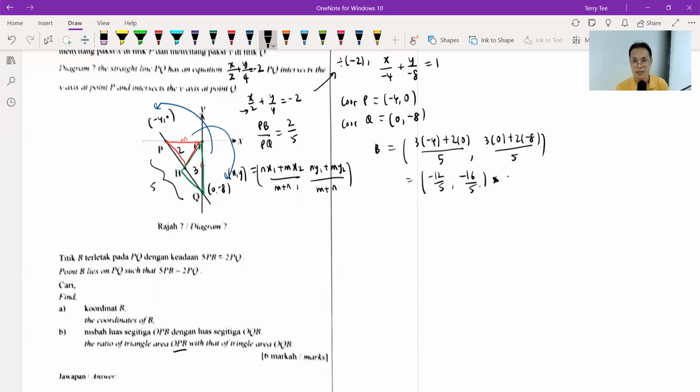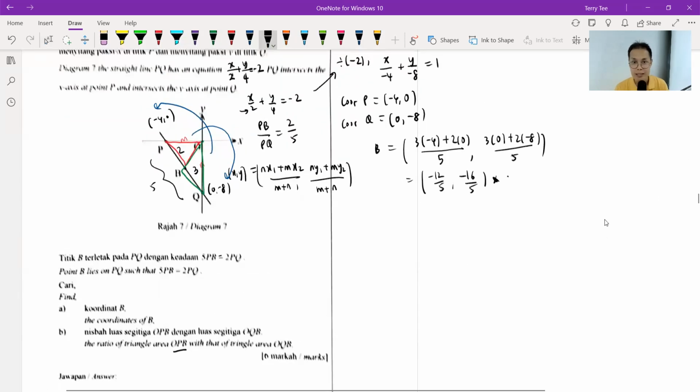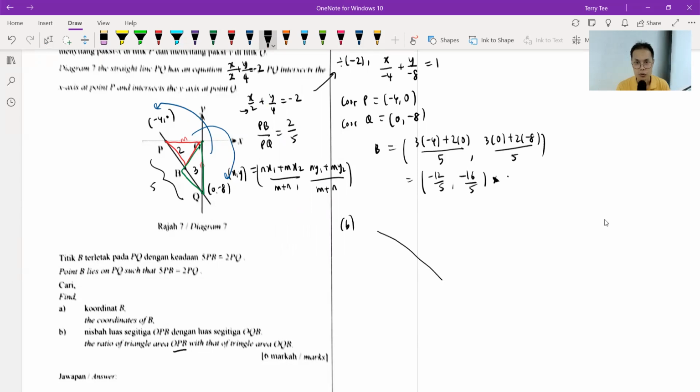Now this question is, I would say, a little bit silly, because we don't need to calculate the area of the triangle. Let me write here. If I draw a triangle like this, this is your O, this is your P, this is your B. B may not be perpendicular, B may be here.